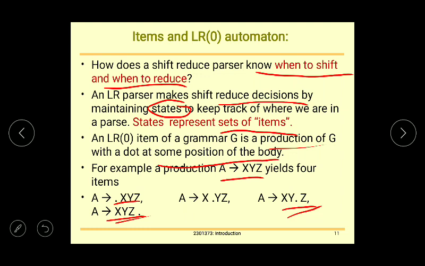A dot at the end means now the string is ready to be reduced to A, where A is our start symbol. So XYZ dot means everything is ready with us now: the strings derivable from X, Y as well as Z. Now it is in a position to reduce XYZ to A.